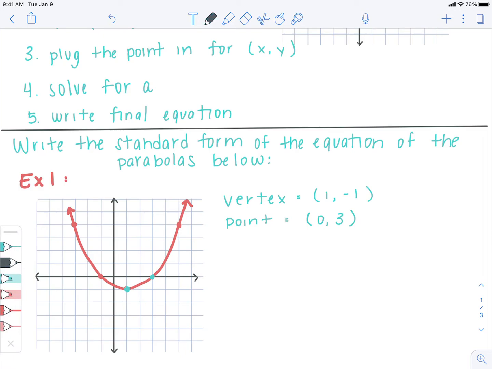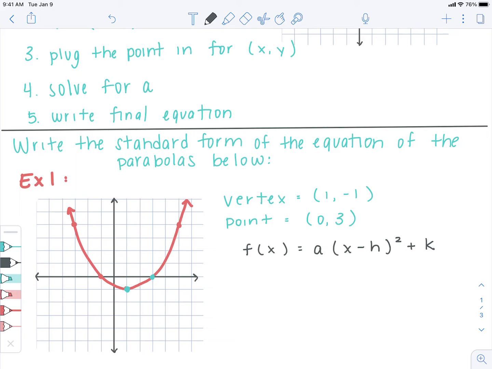You remember from last class that our standard form equation for a parabola, or quadratic equation, is f(x) = a(x - h)^2 + k.